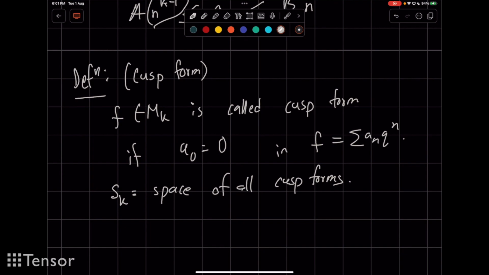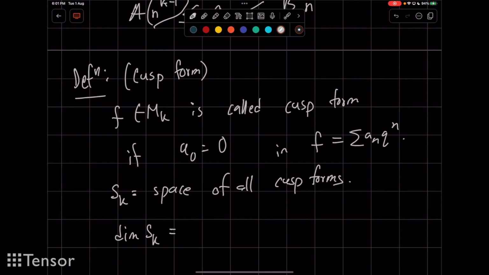And what is the dimension of S sub k? No, it's not 12. Ideally, it should be related to the dimension of M sub k, right? Since it's a subspace of M sub k.